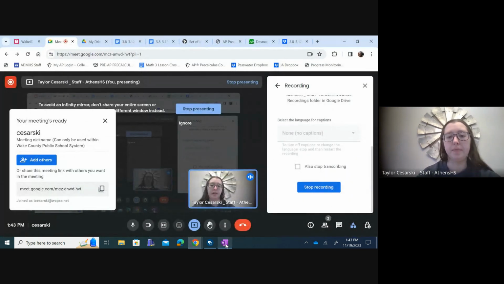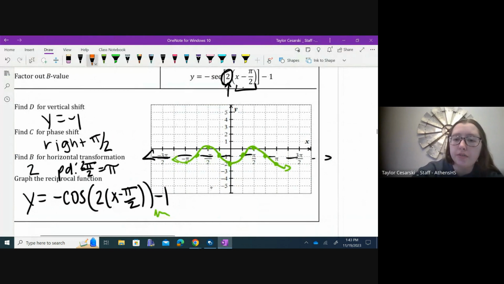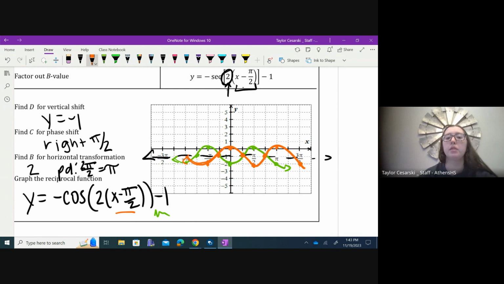Okay. All right, so if I shift this right by pi over 2 because of that phase shift, this would go here, this would go here, this would go here. This would still be at the midline, still be at the midline. This would now be at a maximum. So essentially all the maxes are going to become mins, okay? And now from this point, I can draw in my vertical asymptotes.